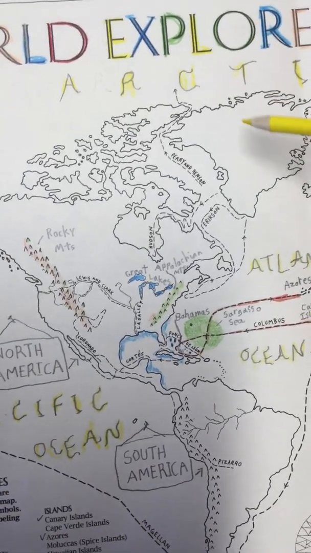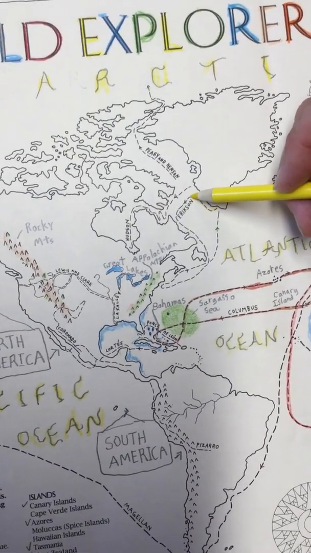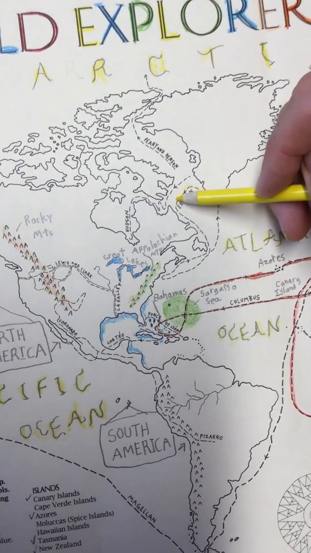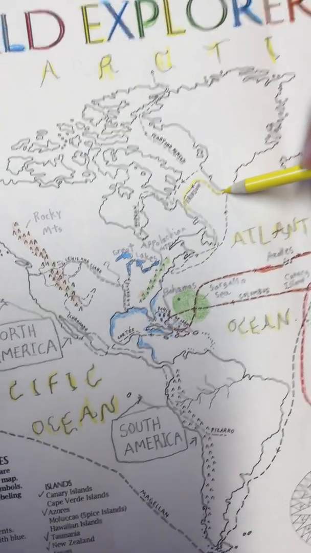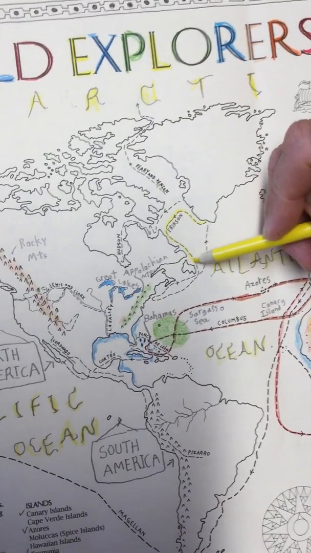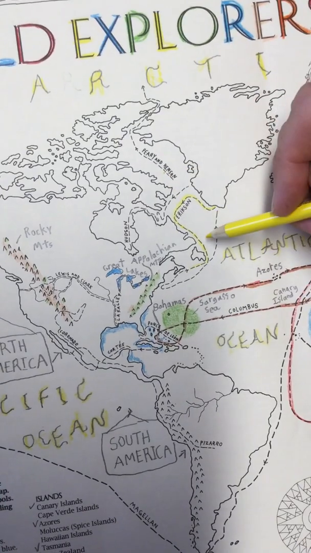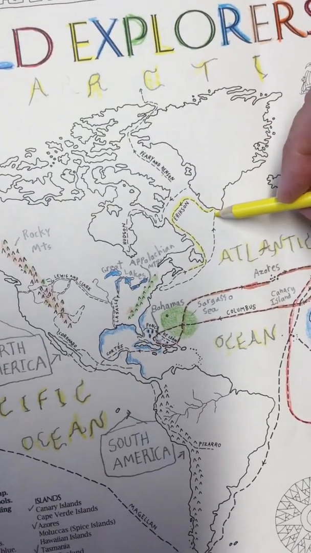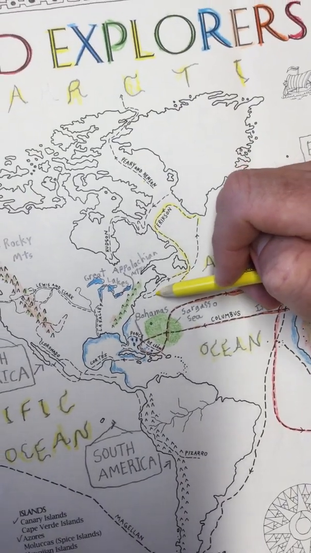Let's do this one up here. This is one of the Leif Erikson, one of the Viking explorers. You can see, we'll just highlight that line.